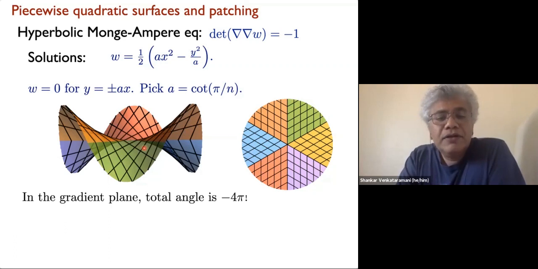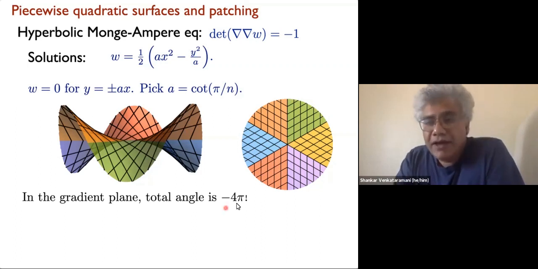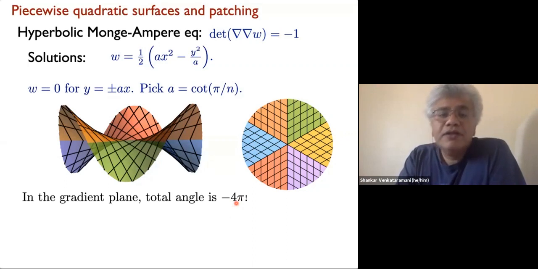So, and further, because 6 such rhombi are coming together, what would be the image of the normal map as you go around the circle? The angles in the dual plane will be 2 pi over 3, and 6 times 2 pi over 3 with a negative orientation will give you an angle of -4 pi. So this point here is a branch point for your normal map.